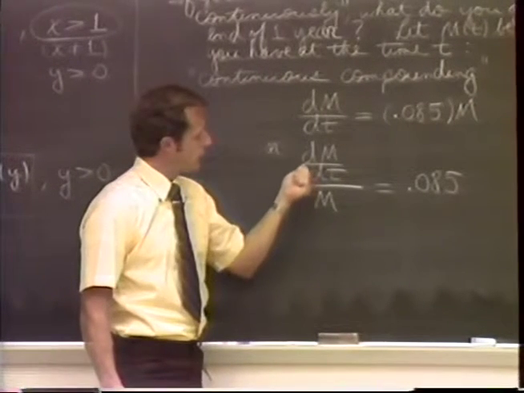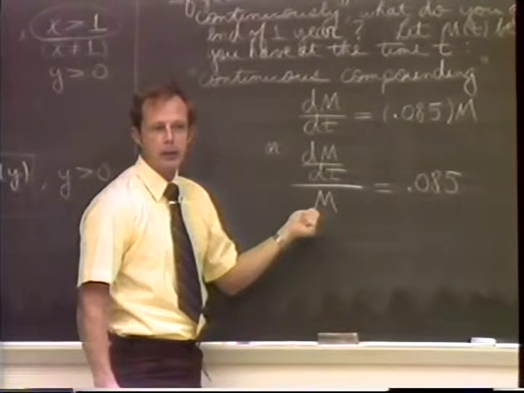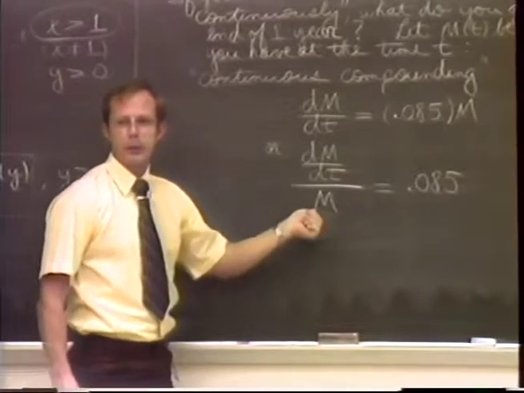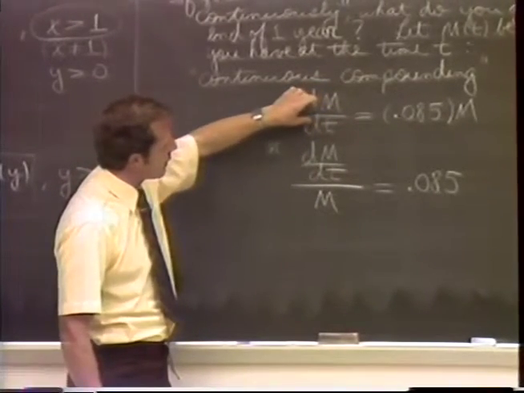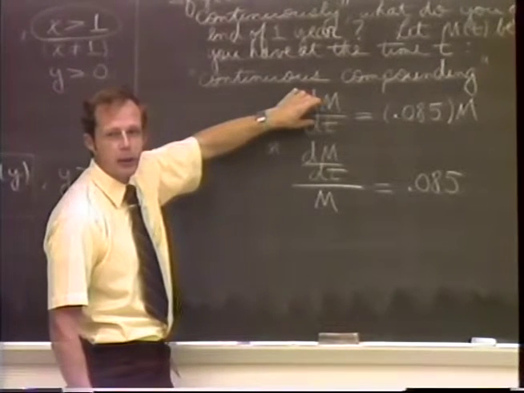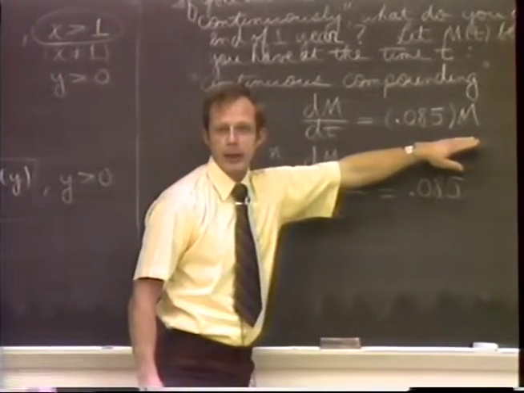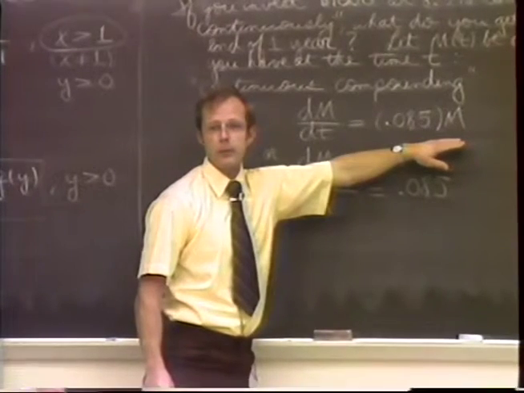The rate of growth over the amount that you have is 8.5%. Now, if you think about it, that's really what simple interest was kind of like. We said that the quantity grows in a year, if it were just simple interest, would be 8.5% of the amount present at the end of the year. In other words, $85 if you just do it once.